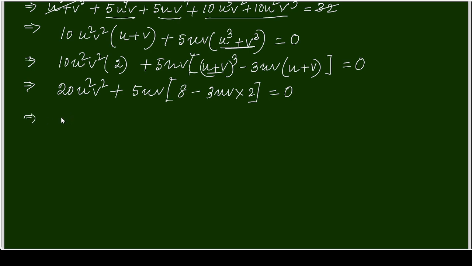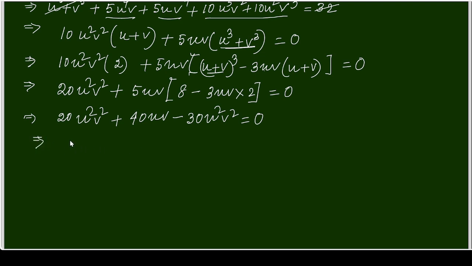Or 20 u squared v squared plus 5 uv times 8, that will be 40 uv, minus 30 u squared v squared equals 0.